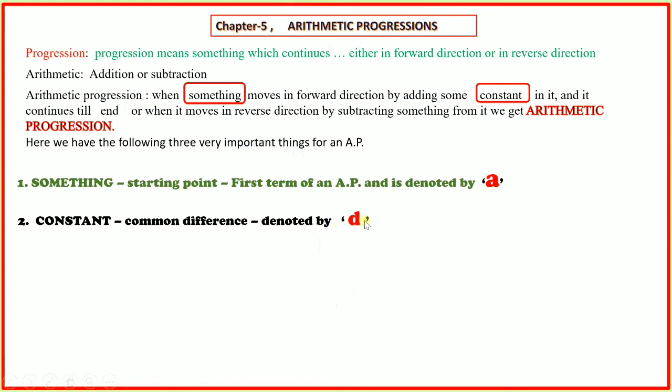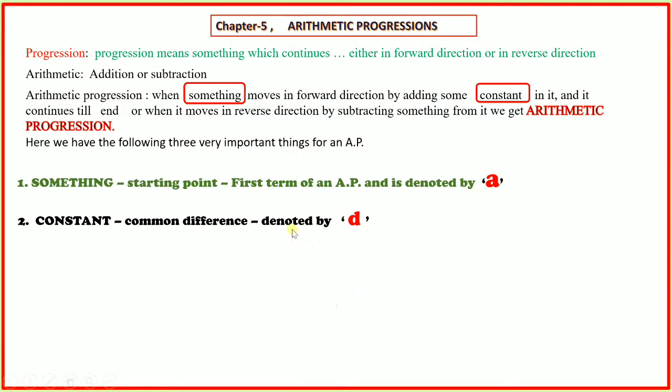Difference means second term minus first term, third term minus second term, and so on. That means next term minus previous term. That is called common difference. This is the constant we were talking about, for forward or reverse direction. In an AP, you have to identify all these terms.